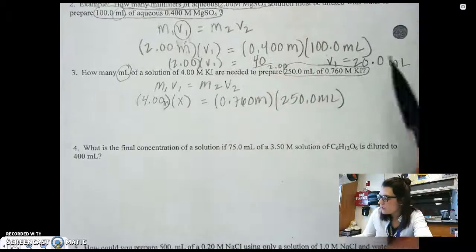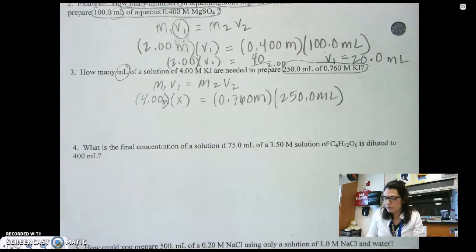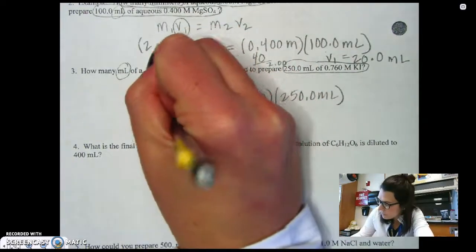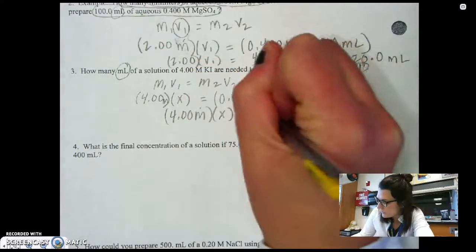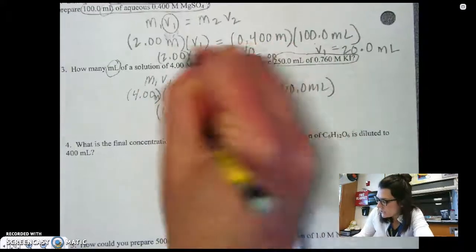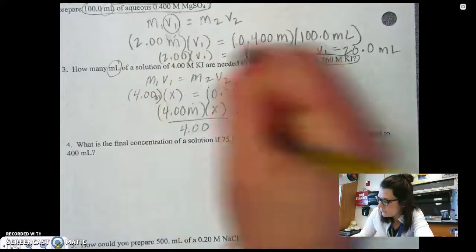Okay, so again, I'm going to solve here, so I'm going to do 0.760 times 250. So I'm going to get 4.00 molar times x is equal to 190. And then to get x by itself, I have to divide both sides by 4.